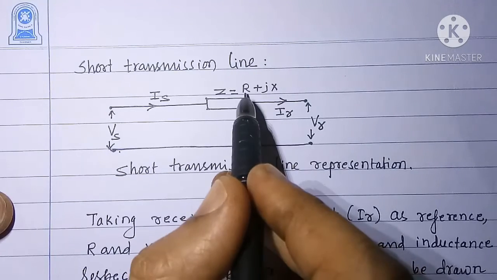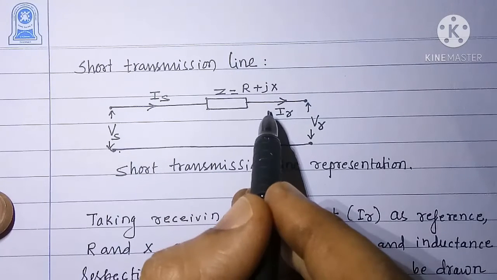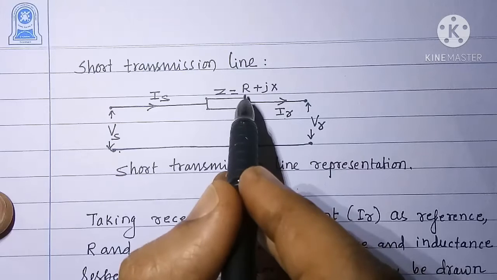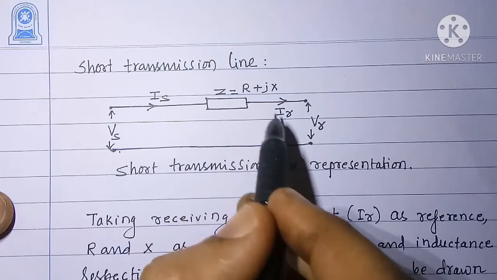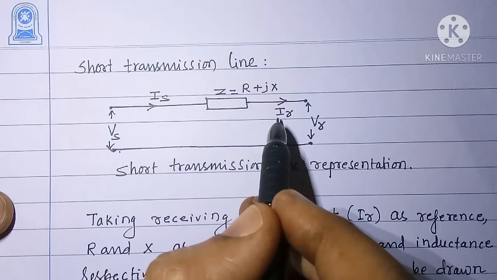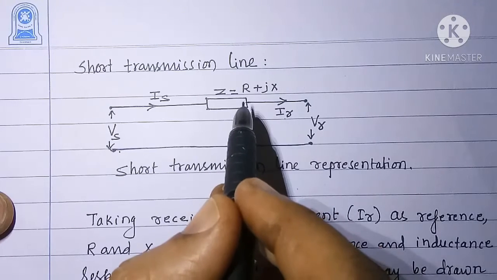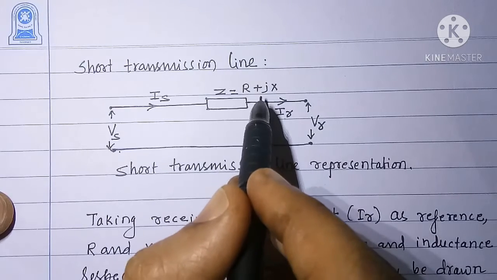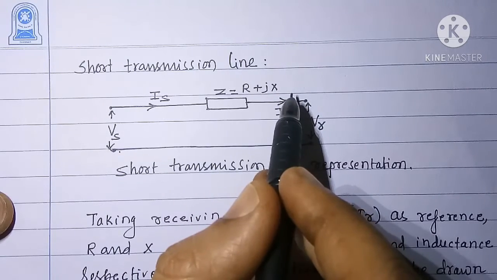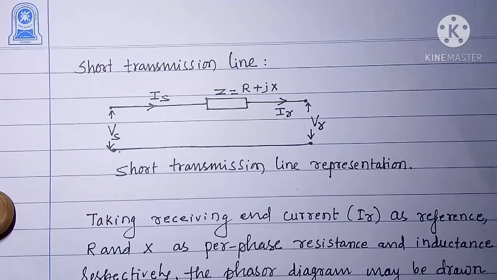The voltage drop in resistance R, that is IR into R, will be in phase with current IR, whereas the drop in jX, that is IR into jX, will be at 90 degree to IR.